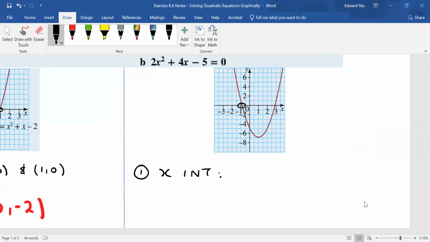So here we've got the coordinates. So we've got plurals because we've got 2 intercepts. Let's say that's on the x -2, and the y coordinate will always be 0 on the x-axis.